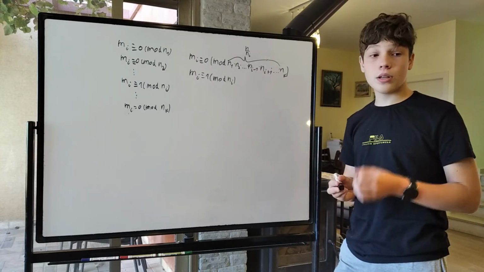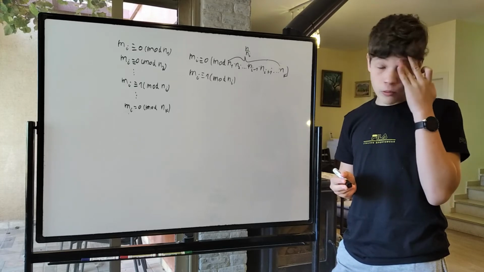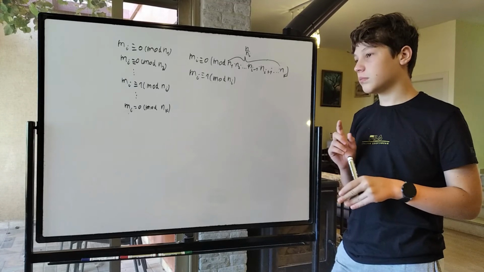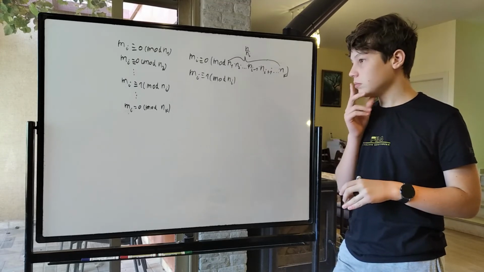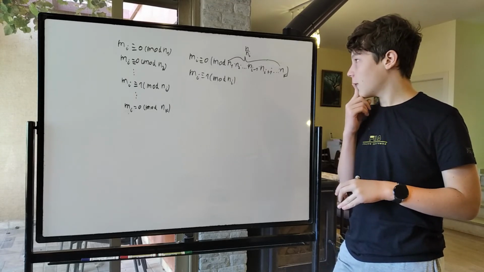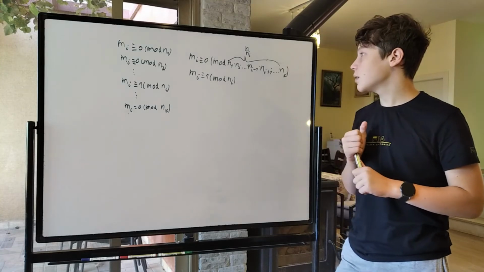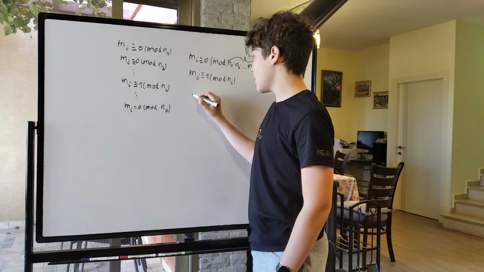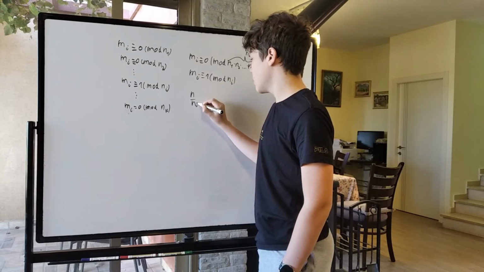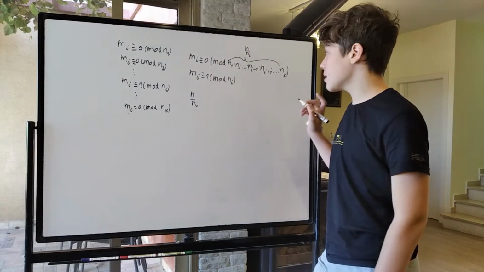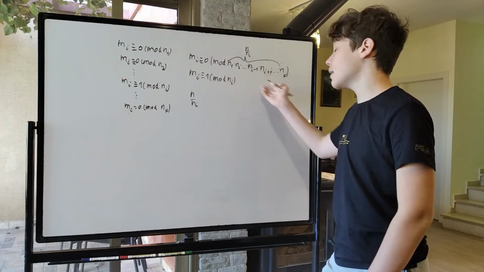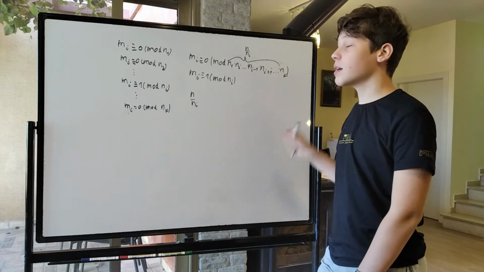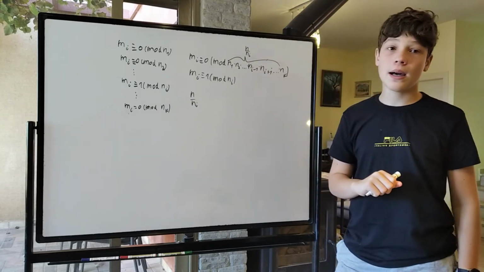And here's how we're going to do it. We will look at the number n over ni. We know that n over ni can be split up into this product, and we know each term in this product is coprime to ni.